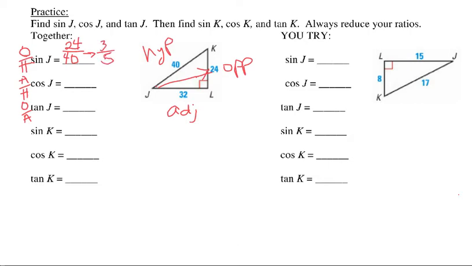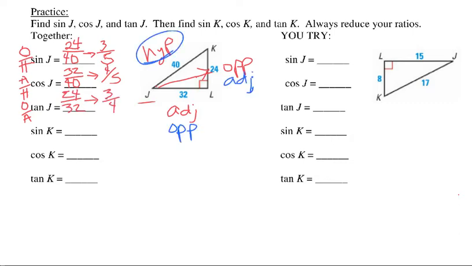For the cosine then, I am using adjacent over hypotenuse, so that would be 32 over 40. And this reduces down to 4 over 5. For the tangent, since we're still based off of angle J over here, we have opposite over adjacent, so that would be my 24 over 32. This reduces to 3 over 4.